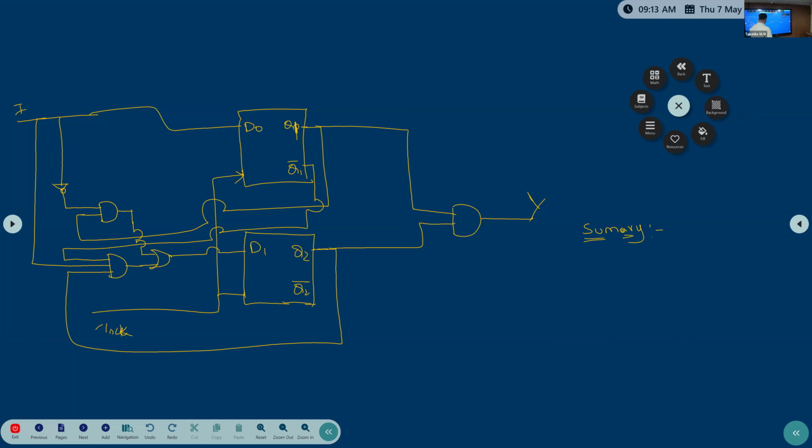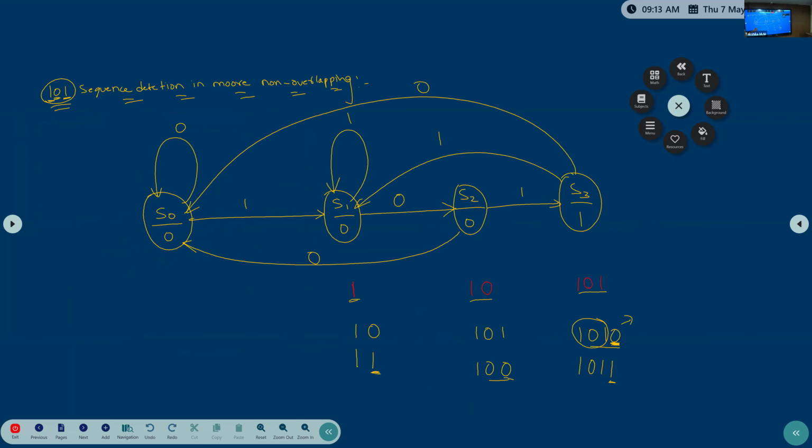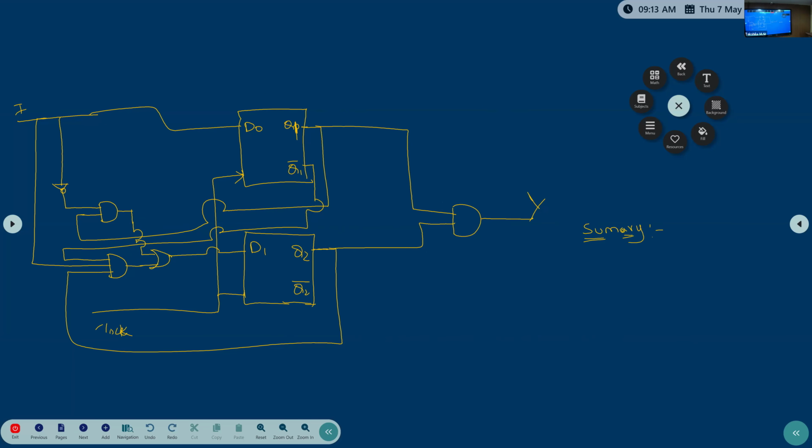So coming to the summary, okay. When we implemented these state tables, two cases are there, right?